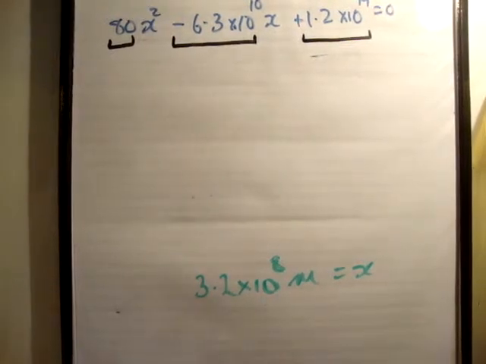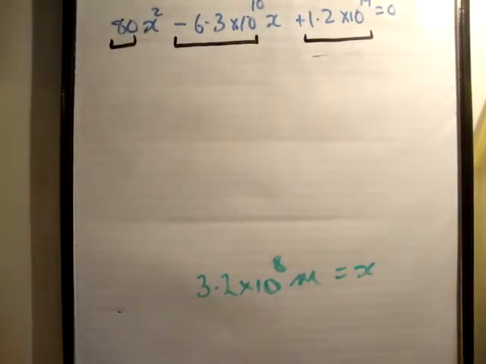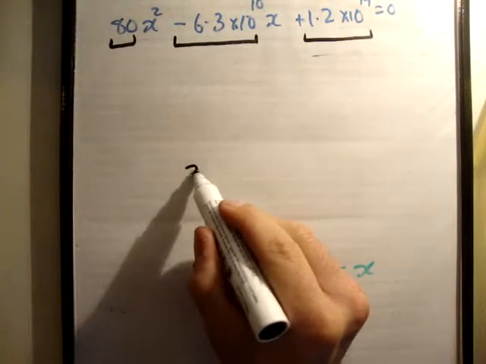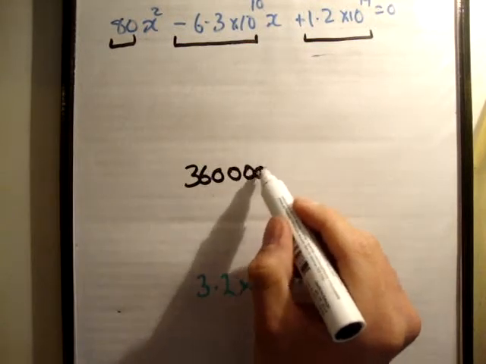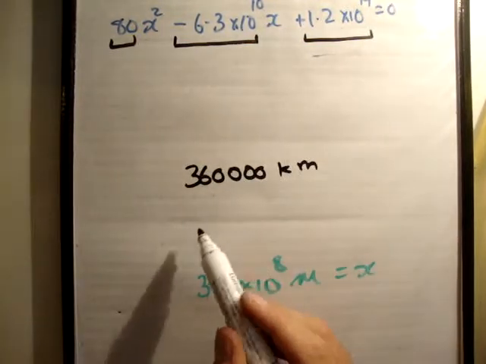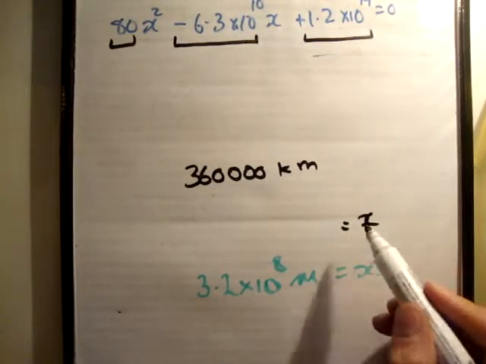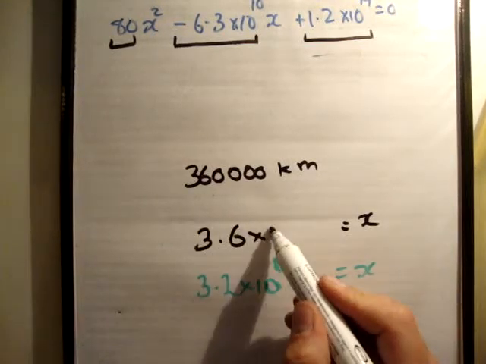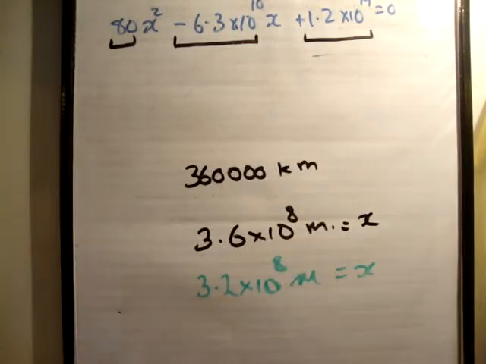So, 6C, question 5. So 6C, question 5 says 360,000 kilometers. So the answer we're given at the back of the book is 360,000 kilometers, or that x is equal to 3.6 times 10 to the 8 meters.